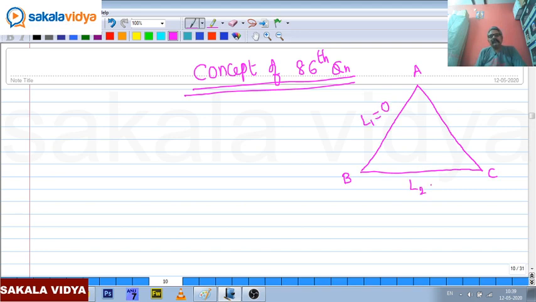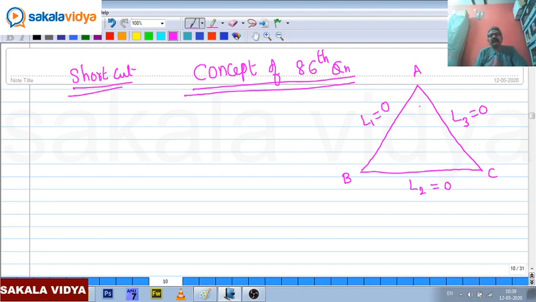Equation of BC is given, L2 is equal to 0. Equation of CA is given, L3 equals to 0. For example, if you want to find out orthocenter of the triangle formed by the lines L1 is equal to 0, L2 is equal to 0, L3 is equal to 0, we follow this shortcut.